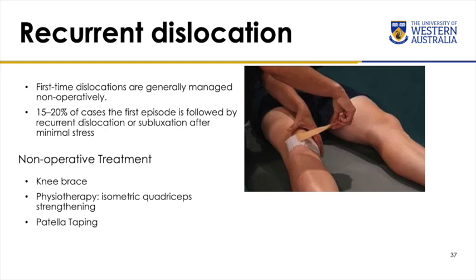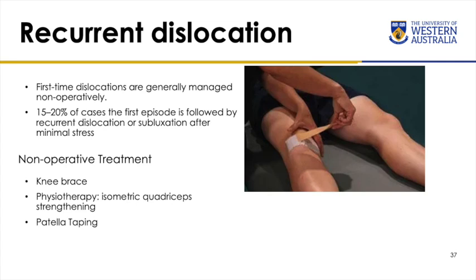First-time dislocators are generally managed non-operatively, but in 15 to 20% of cases, the first episode is followed by recurrent dislocation or subluxation after minimal stress. This can be treated non-operatively with physiotherapy, again isometric quadriceps strengthening, focusing on the VMOs.